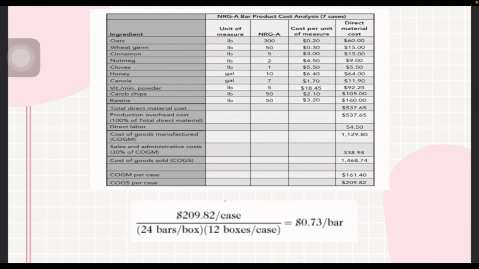Given that there are 24 bars in a box and 12 boxes in a case, the current cost of an NRGA bar is $0.73.